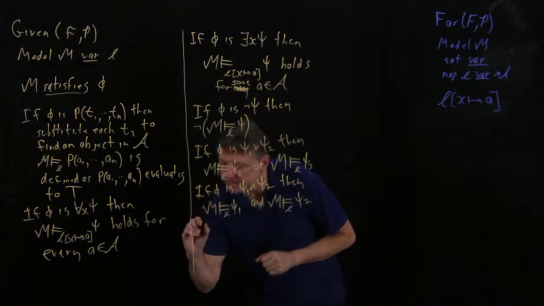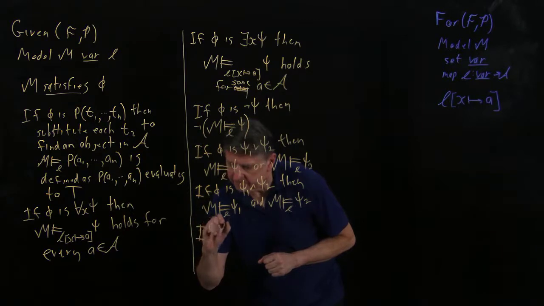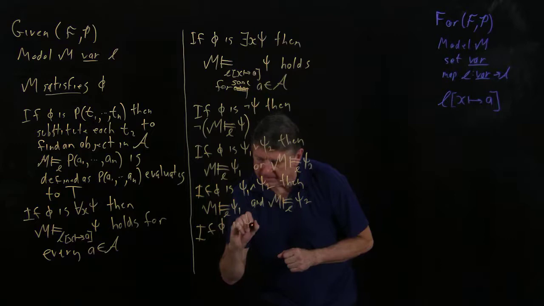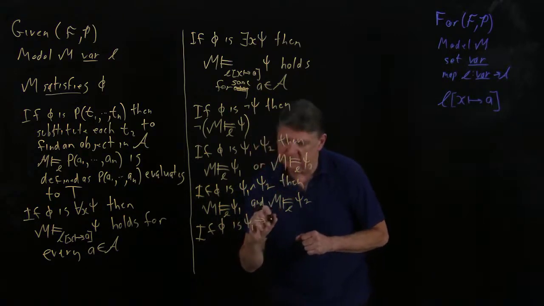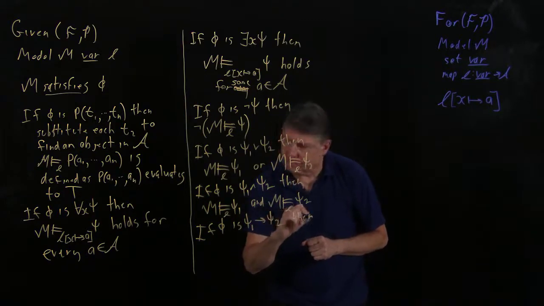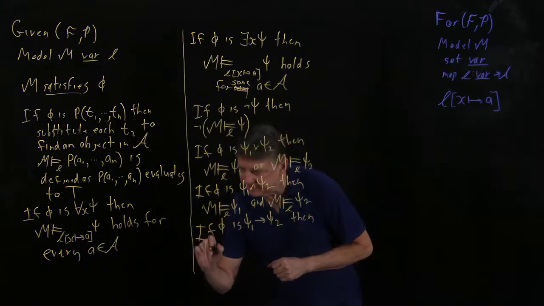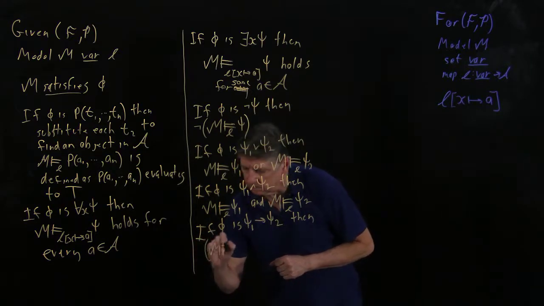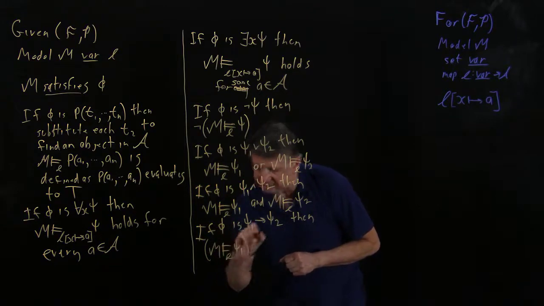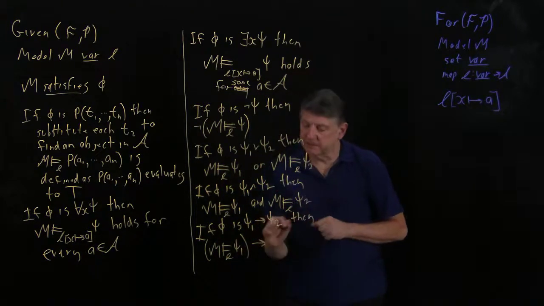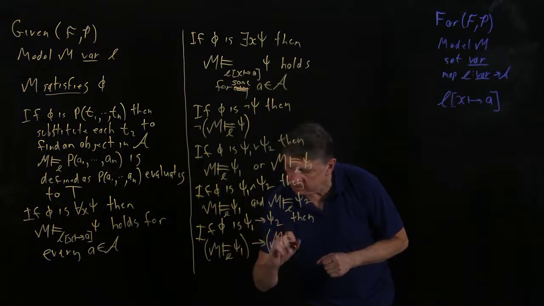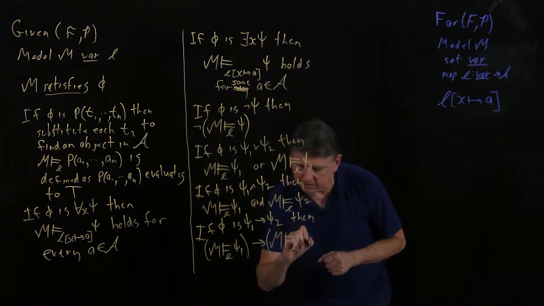Material implication is if our formula is the antecedent materially implies the consequent, then we will require that the model satisfying the antecedent logically implies that the model satisfies the consequent.